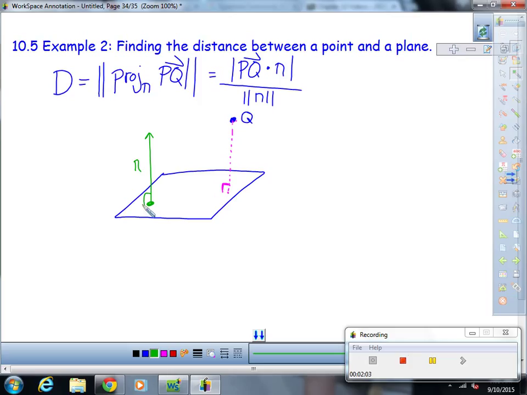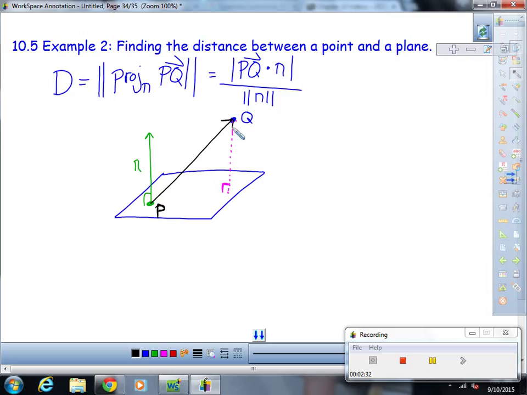So now you start to realize that that pink dashed line and that normal vector are parallel to each other, and that becomes an important part. So if we know some point in the plane P, which we're going to know because that's part of what defines the plane, and we know the vector that is orthogonal to the plane, N, well, here's how we're going to do this. We can draw a vector between P and Q.